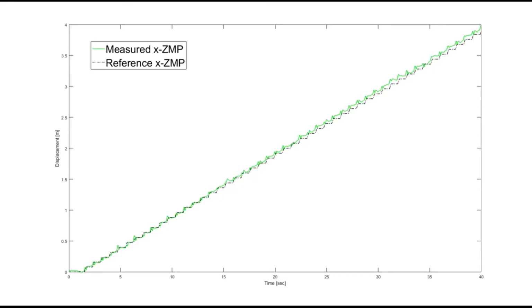Here are the results for this particular experiment. Of course, with so many steps, it's quite hard to see.